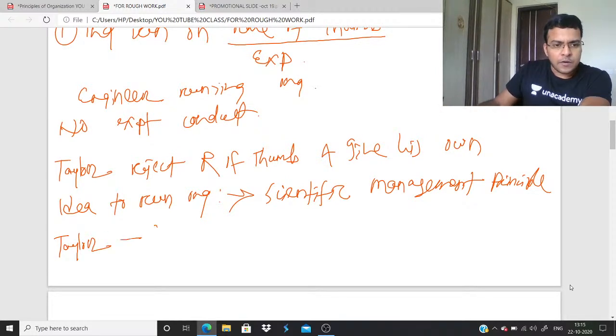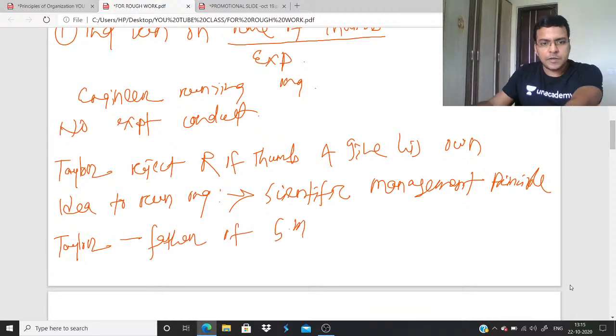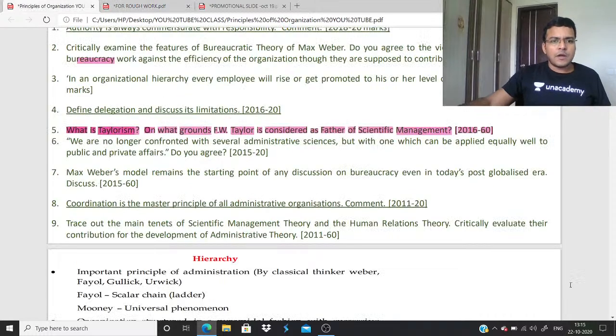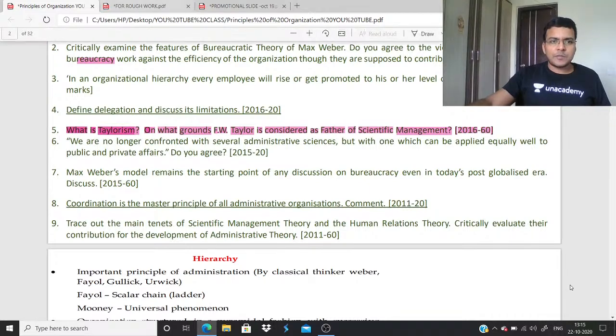Next, Taylor is known as the father of scientific management. So this is a question: why is Taylor considered the father of scientific management?